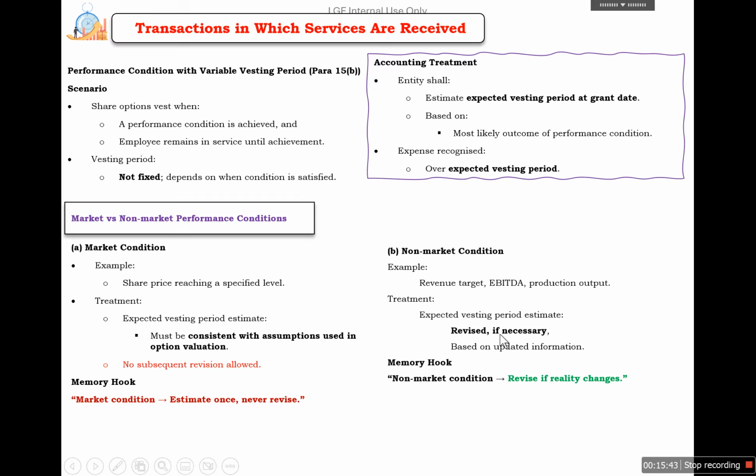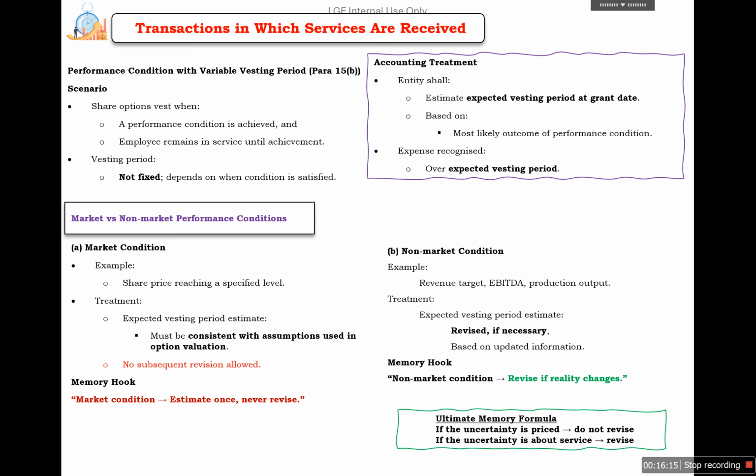But in case of a non-market condition, we are supposed to revise the estimated vesting period based on updated information, if factors required for vesting change. So the ultimate formula is: if the uncertainty is about the price, we are not supposed to revise. But if the uncertainty is about the service, we are supposed to revise it.